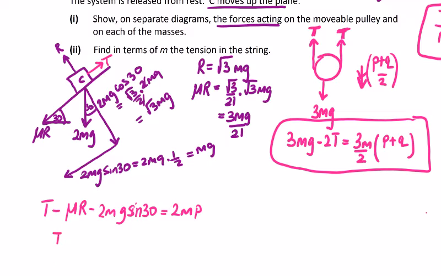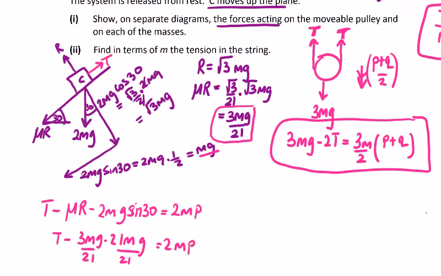So we have T minus μR, which we got to be 3mg over 21, minus 2mg sin 30, which is mg. That's 21mg over 21, and we're going to write it like that, so we have the same denominator, equals 2mP.